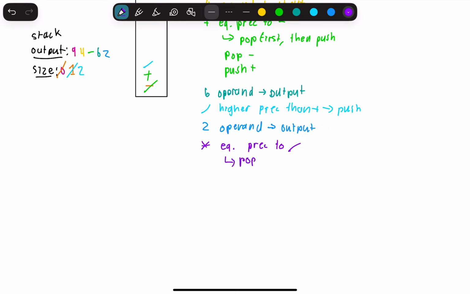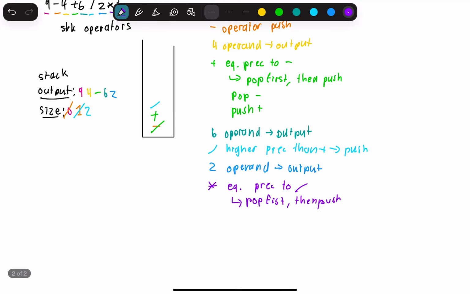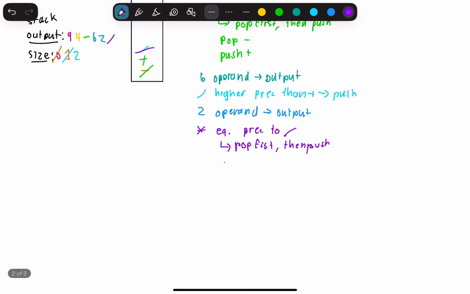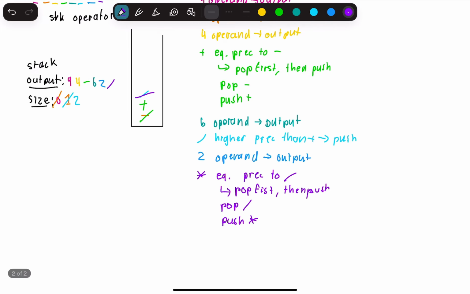You pop first and then you push. So you pop off the division sign and put it onto the output. And after this you have to push the times sign. So your times is going to go onto the stack.